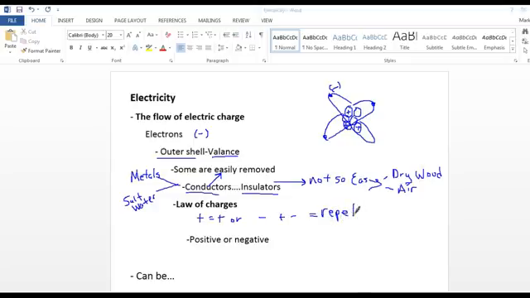If you've ever tried to move two magnets, you can make one magnet move across the desktop without ever touching it, as long as you have the same ends touching. So that law of charges says likes repel, so we'll just put that. They're the same, they repel each other. And then also, opposites attract.